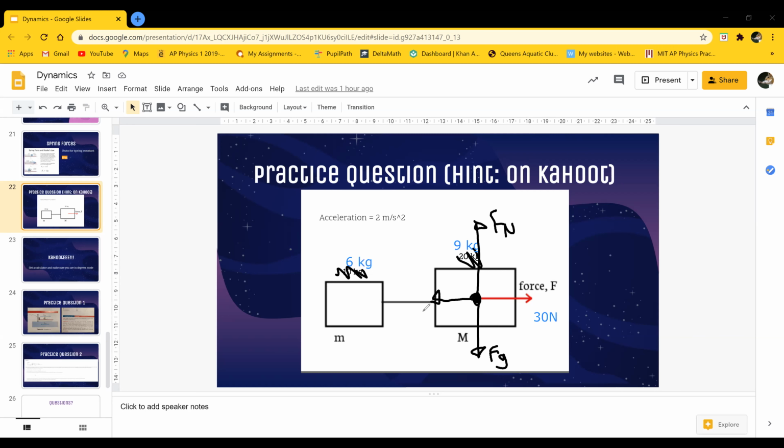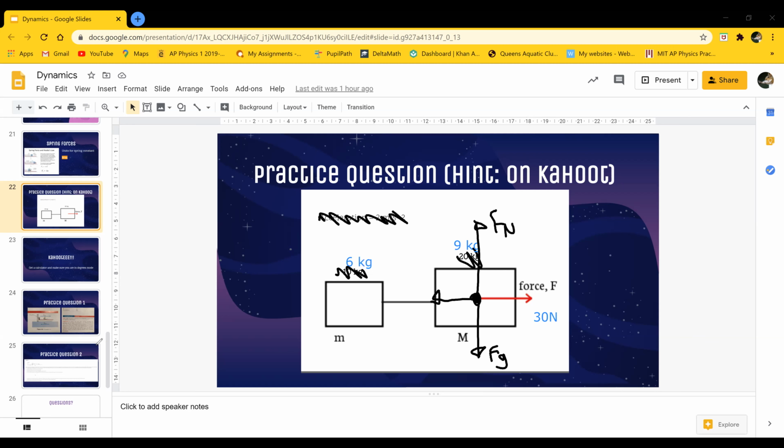They don't tell you the acceleration, but they do tell you the applied force.